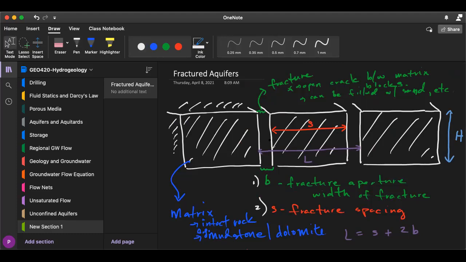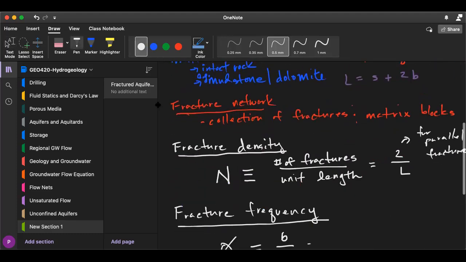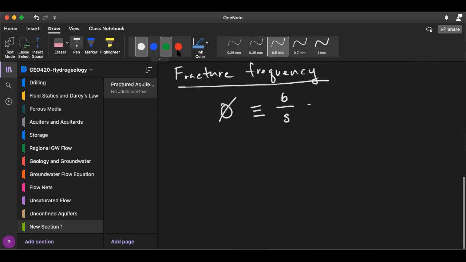All right, so I'm going to zoom in on one fracture here for a second. Let's zoom in on a single fracture.